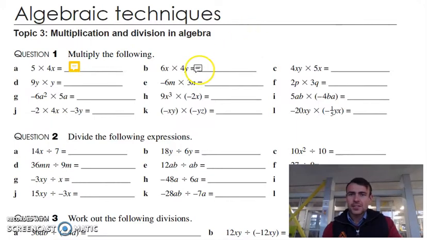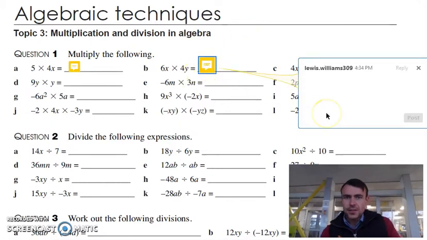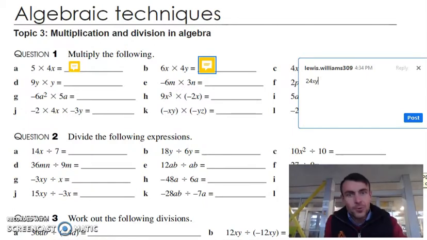And the x and the y, they times together. There's my 24, there's my x, and there's my y. And so I just write 24 x times y. Except I've left all the timeses out, but I know they're still there. I can just write it simpler as 24xy.